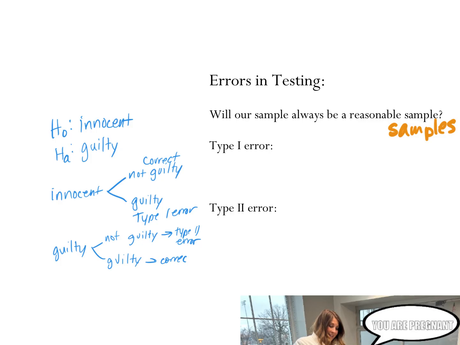Type 1 error is the null is true, we conclude the alternative is true. Type 2 error, the alternative is true, we conclude the null is true.